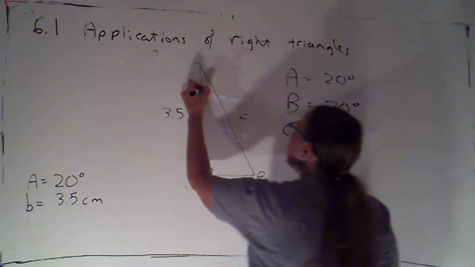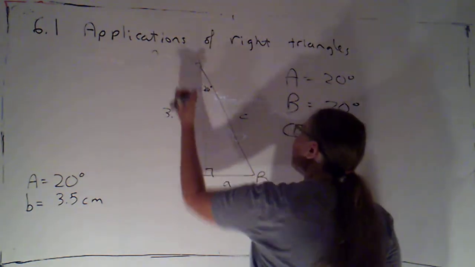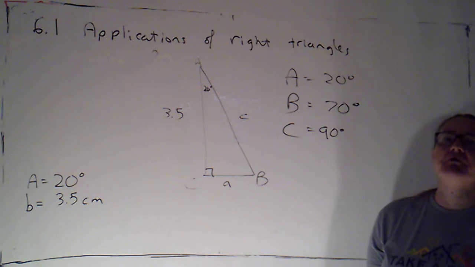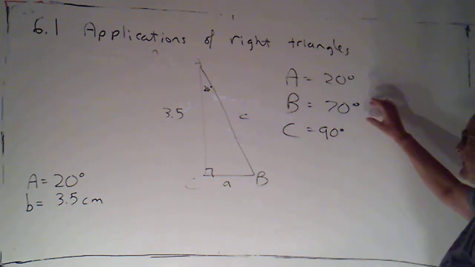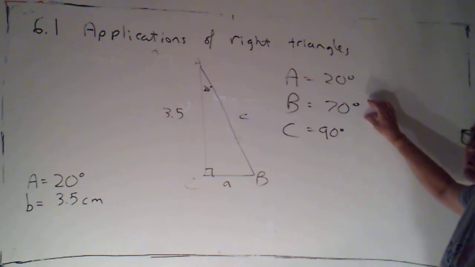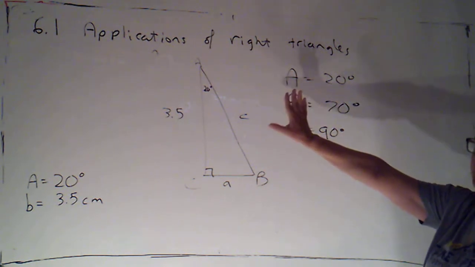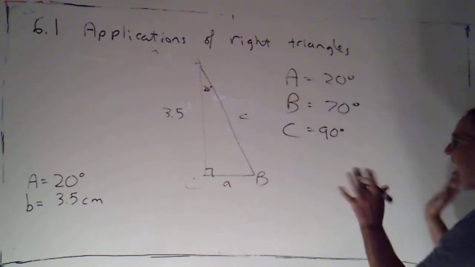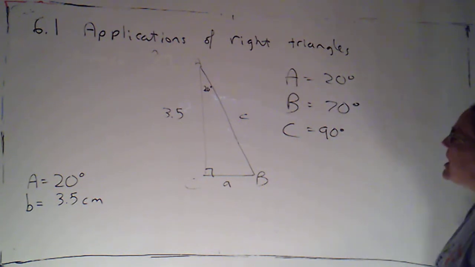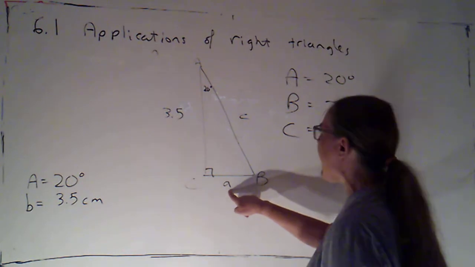Okay. And I like to, when I can, use the given information rather than anything I've calculated. Now I feel pretty confident that I got the 70 degrees right, but I'm going to play it safe. I'm going to go with the 20 degrees in case I'm having one of those brain fart sort of days, and that's actually the wrong thing. So let's say I wanted to find side a.